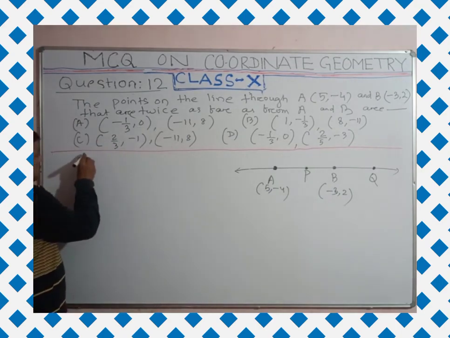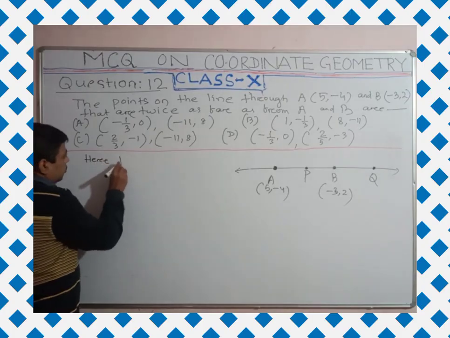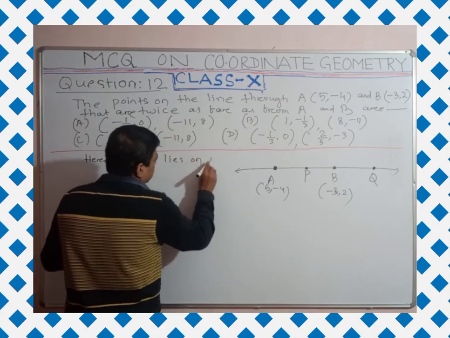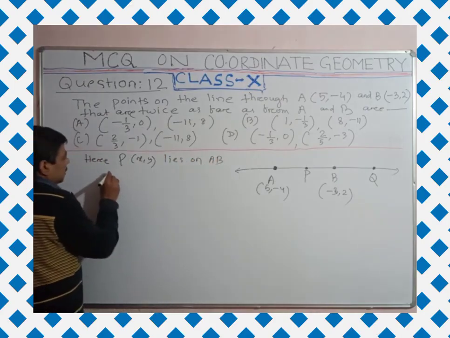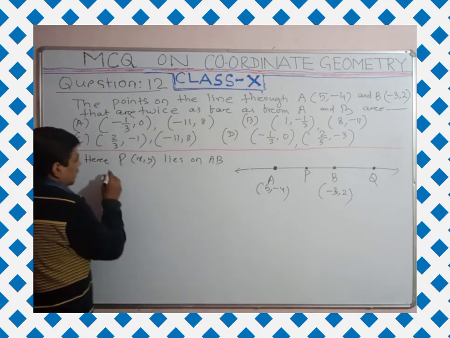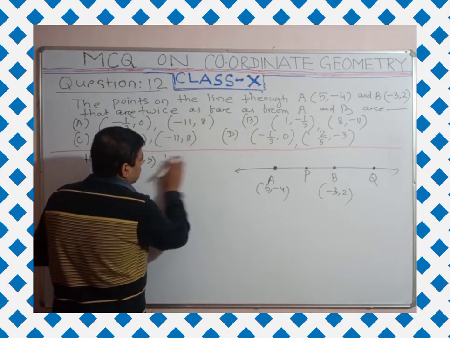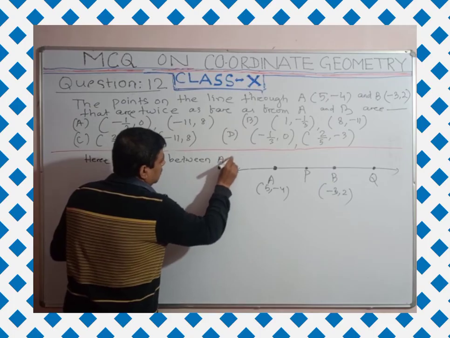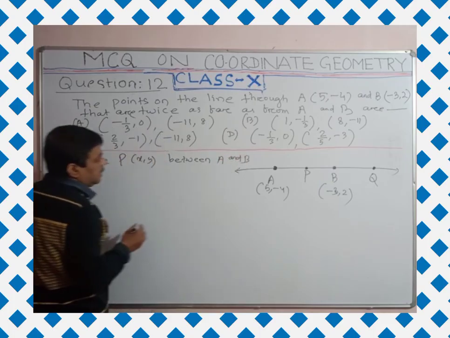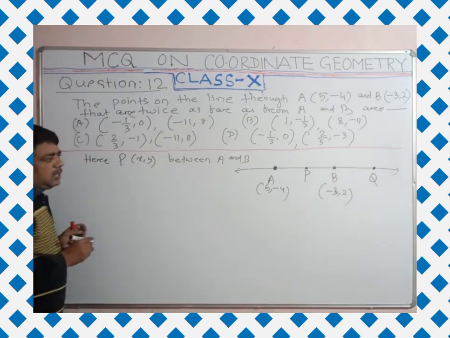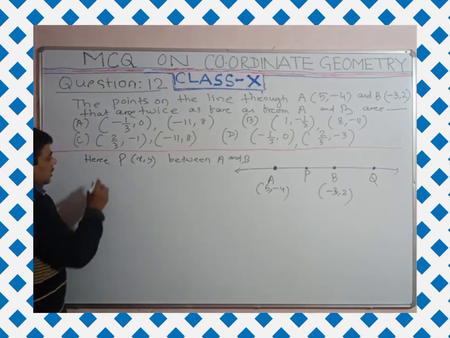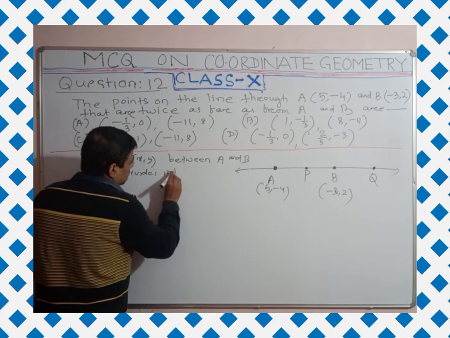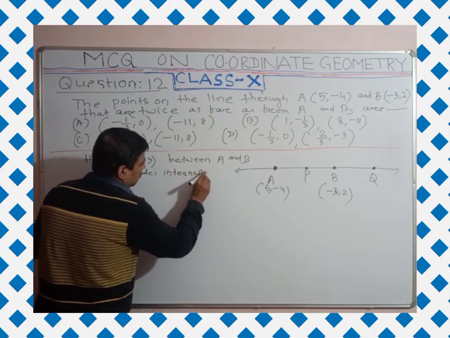Here you see the point P, suppose the coordinate (x, y), lies on the line segment AB internally, lies between A and B. So the point P divides AB internally, and the point P is twice as far from A as from B. That implies point P divides the line segment AB internally. Yes or no?